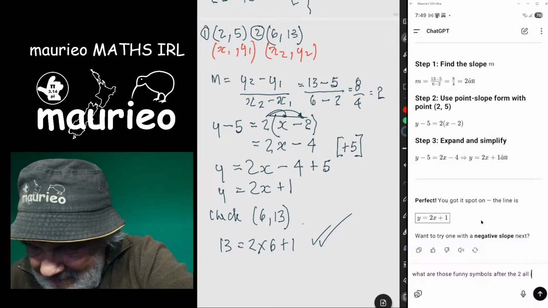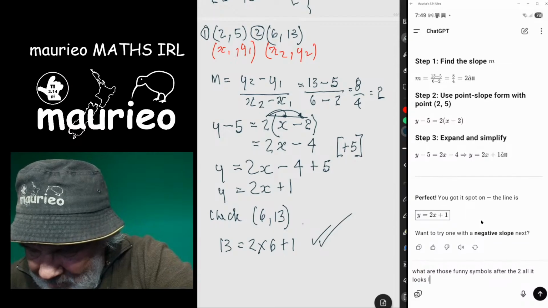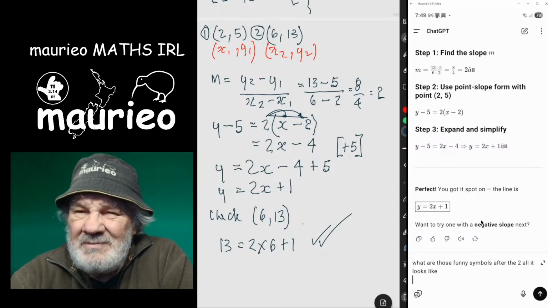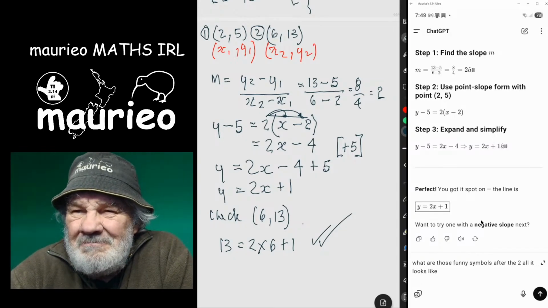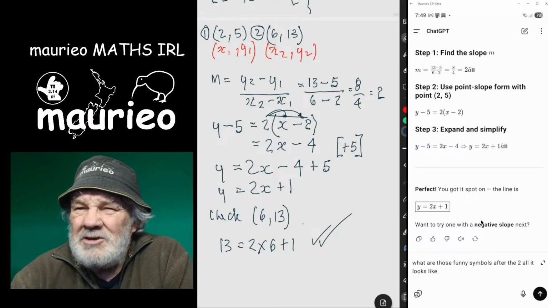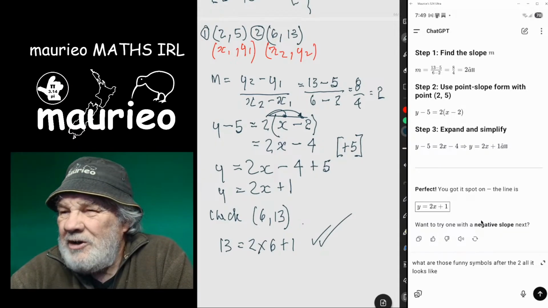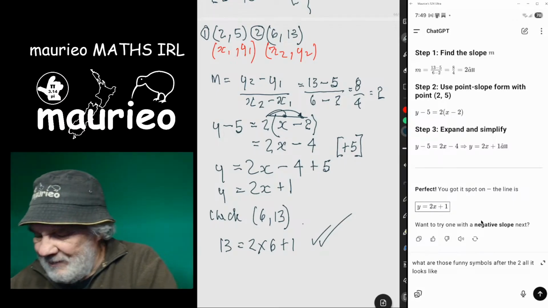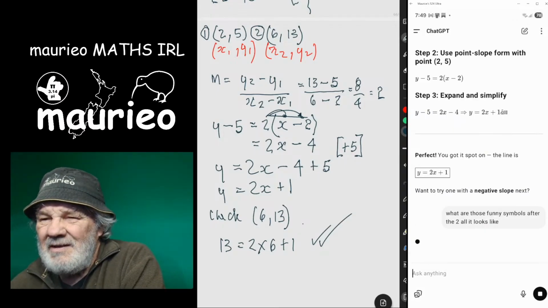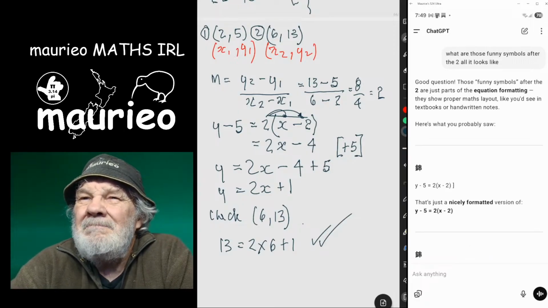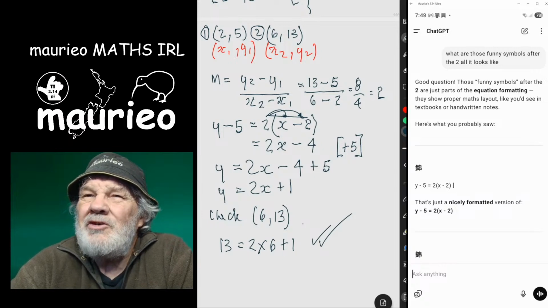I don't know what it's going to think about this. Oh, I haven't asked it yet. I have to tell it. Those funny symbols are just parts of the equation formatting.